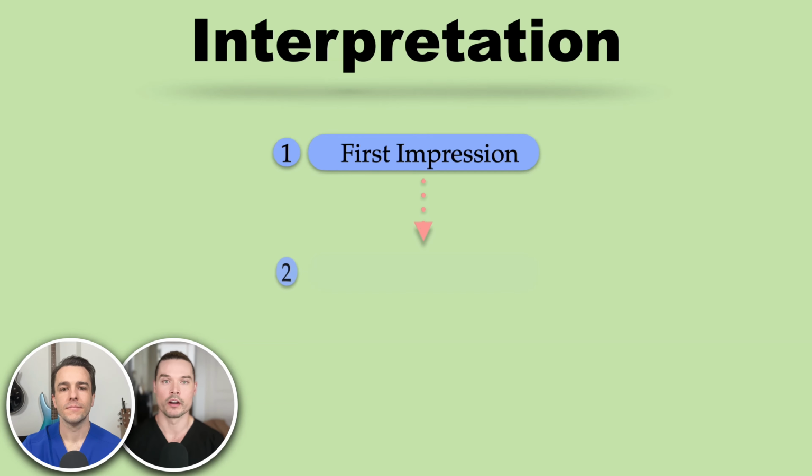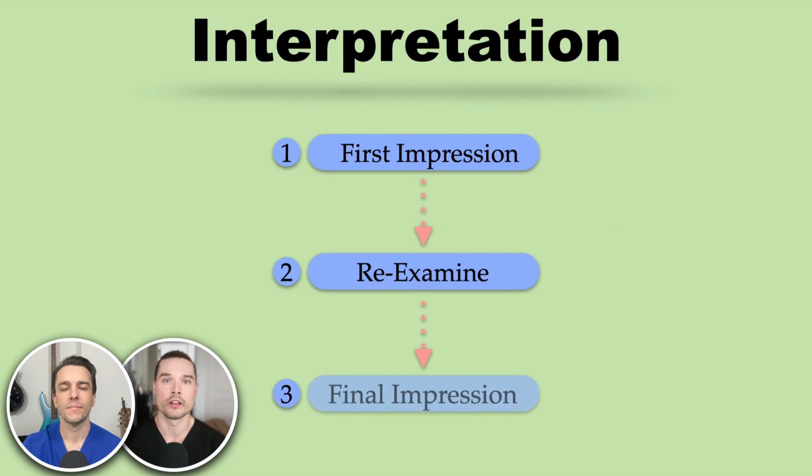After that, we are going to re-examine using our Lauge-Hansen criteria. We're going to try and identify any other subtle injuries, and then we are going to make our final impression. Using this approach will help us from missing any subtle injuries that actually diagnose an unstable ankle injury as opposed to a stable ankle injury.